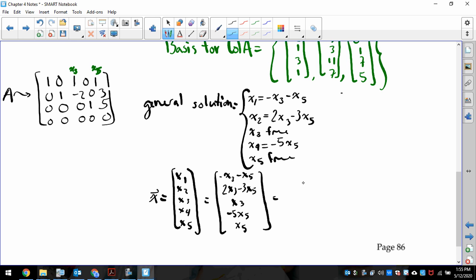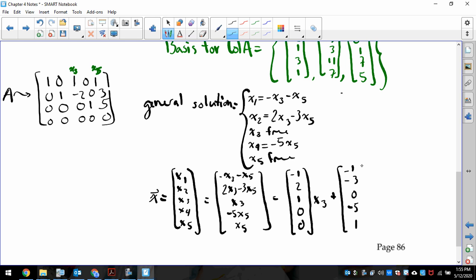And so now we want to break this up into x3s and x5s. So we have negative 1, 2, 1, 0, 0. This is for x3. And then for x5 it is negative 1, negative 3, 0, negative 5, 1. And this is for x5.